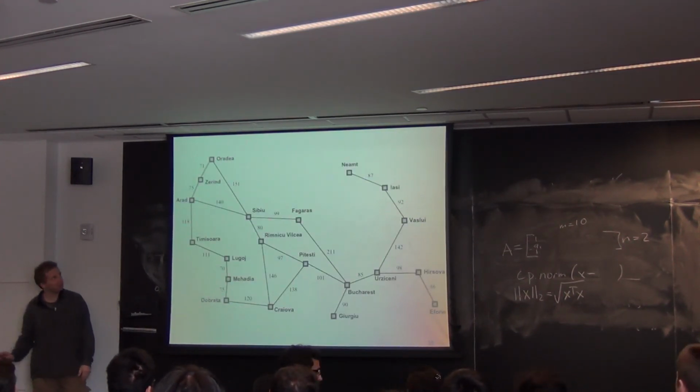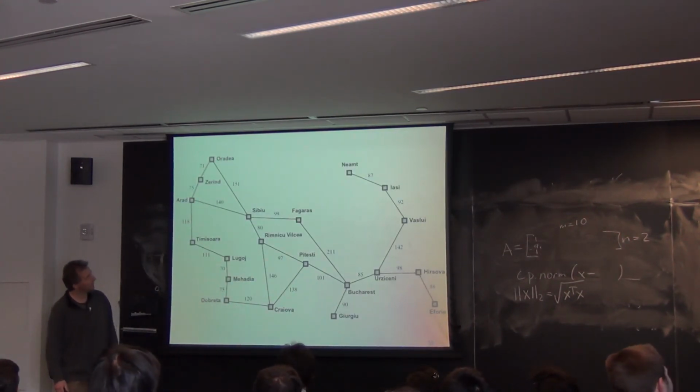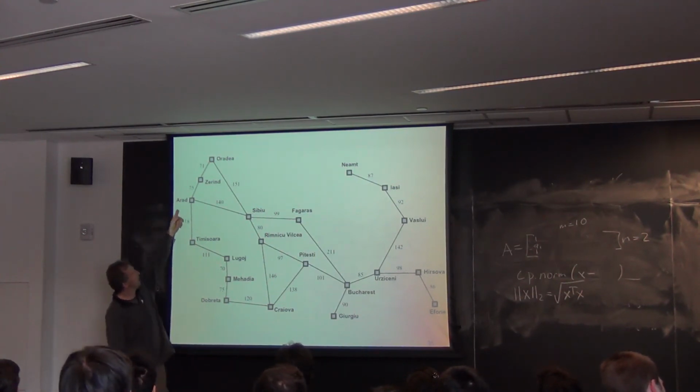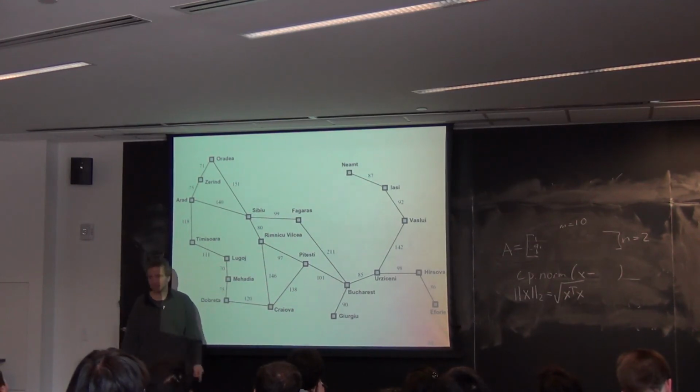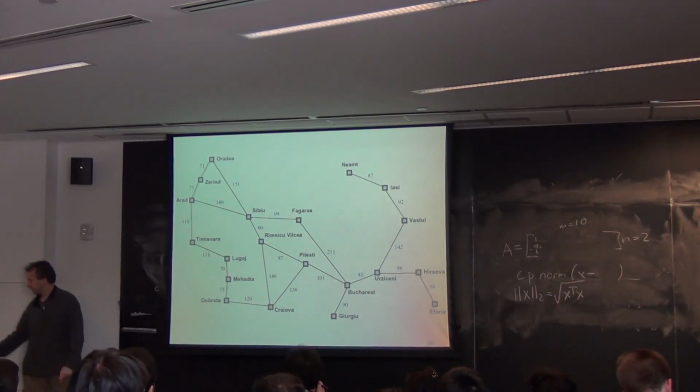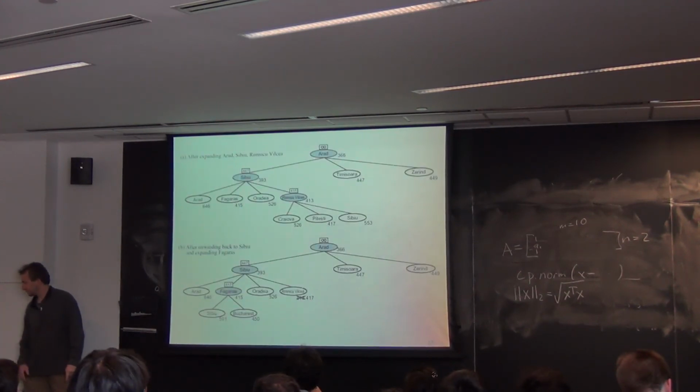So let's go back to our cities again here. And we're again going to try to find the way of going from Arad to Bucharest. All right? Okay. And here we have the expansion.